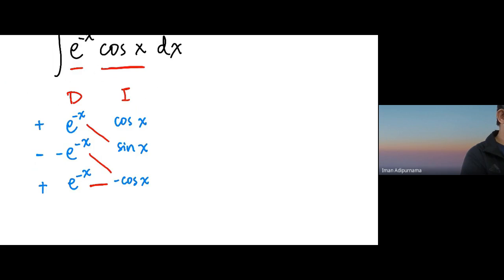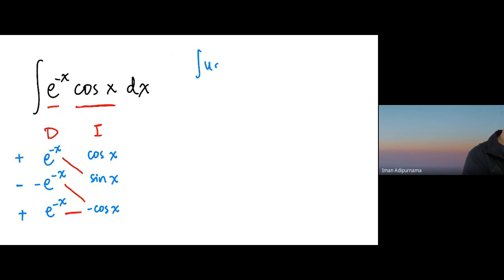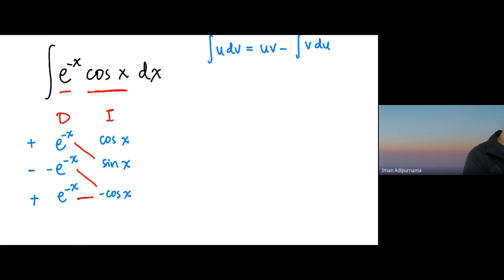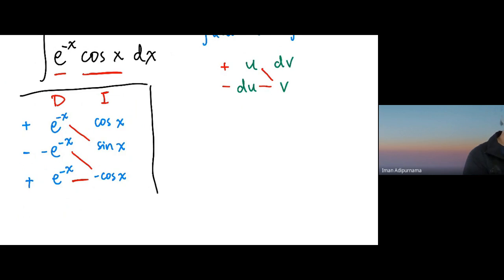And then remember that the concept is from this integration by parts. So actually what we did is we are just taking this down and multiplying this, with plus and minus. But because we can have this pattern here, we can write it down as this table here.